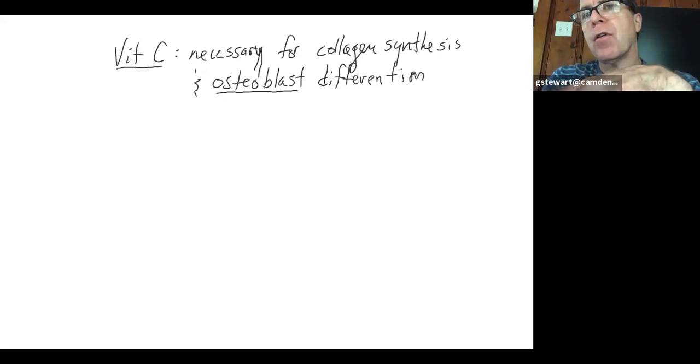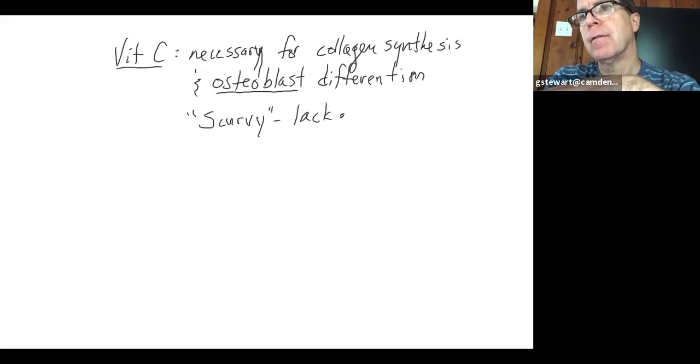I don't know if you've ever heard of the term scurvy. It's not used so much anymore because it's not as common anymore. This disease, scurvy, is from a lack of vitamin C, and it causes a loss of bone mass.